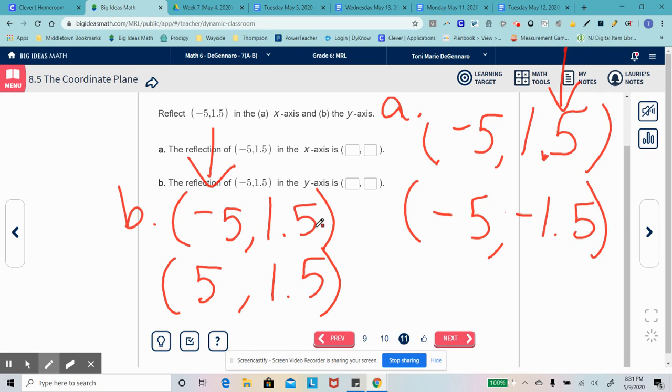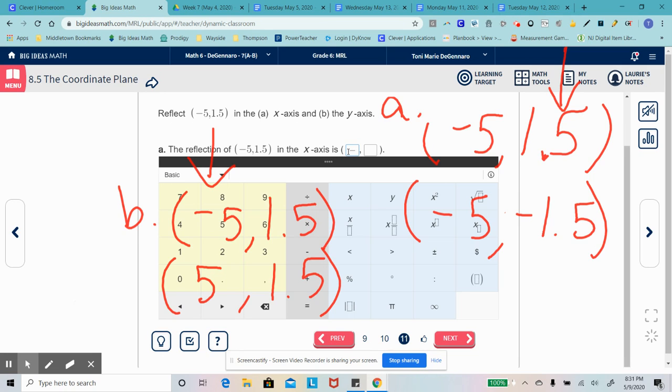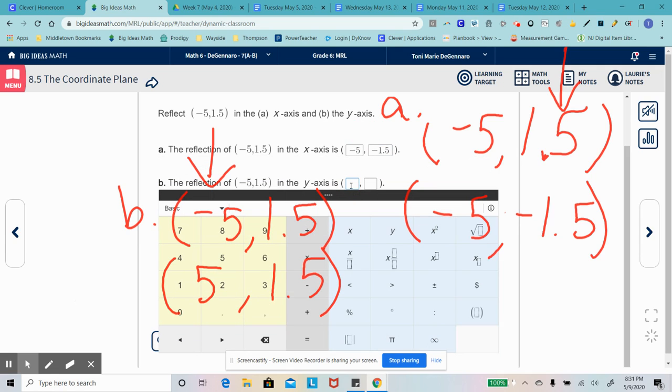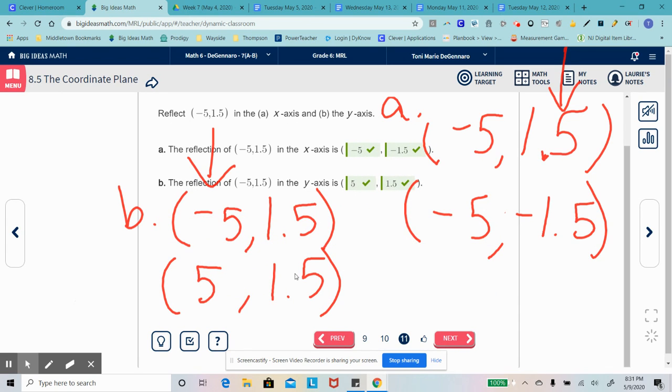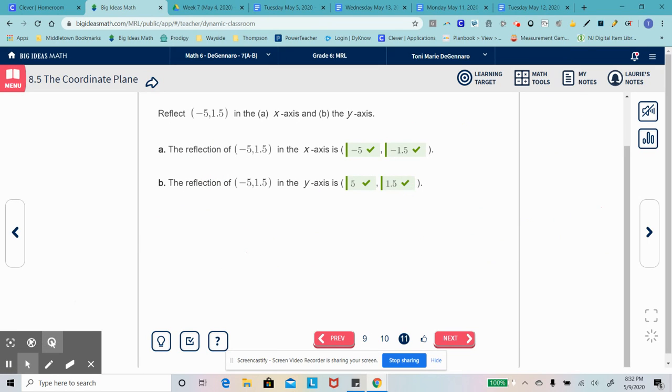So let's see. We said negative 5 and negative 1.5. And then this is 5 and this is 1.5. And we're going to check it, and we got it right. Excellent. All right, so I'm going to erase this now.